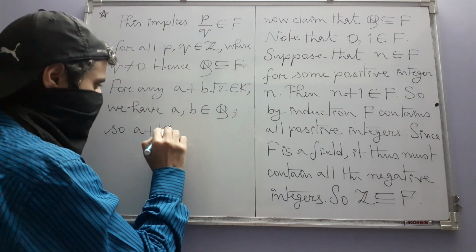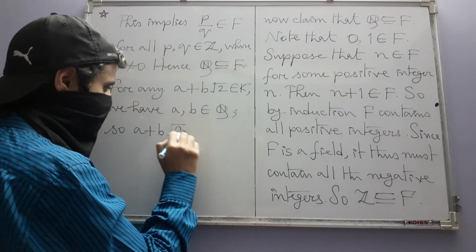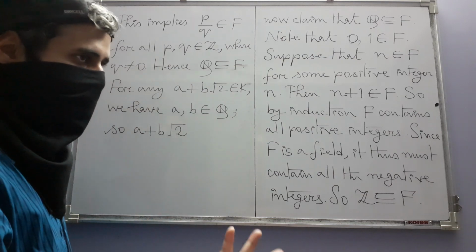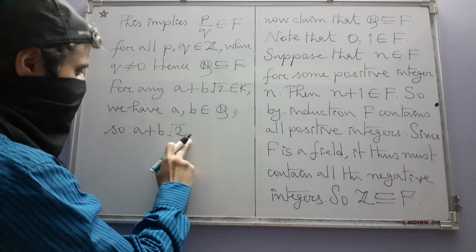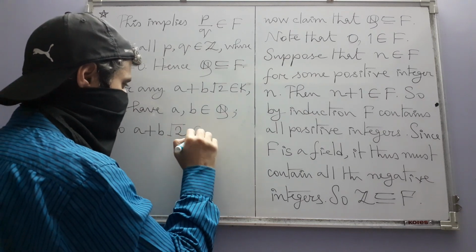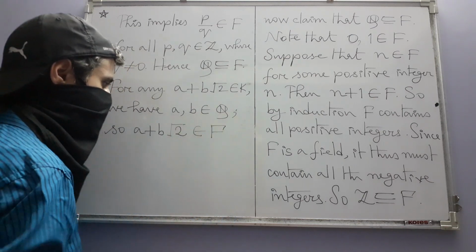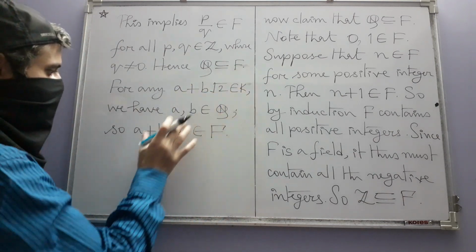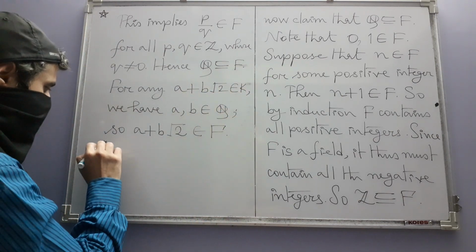So naturally, since all these three numbers a, b and root 2 are in F and F is a subfield, this has to now belong to F. That's it. We have shown that any element in K is again in F.